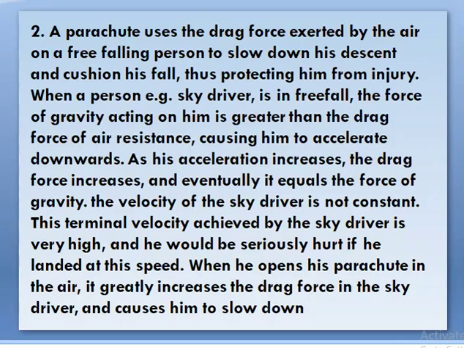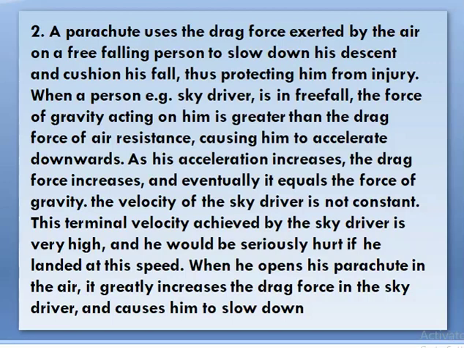Now, we equally apply it in the case of a parachute. A parachute uses this viscous drag, or force exerted by the air on a free falling person, to slow down his descent and cushion his fall, thus protecting him from injury.